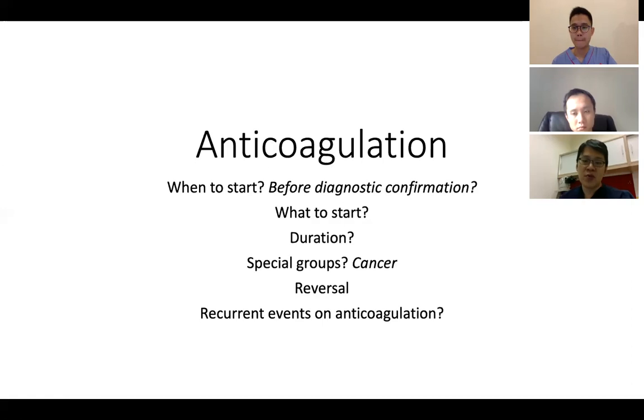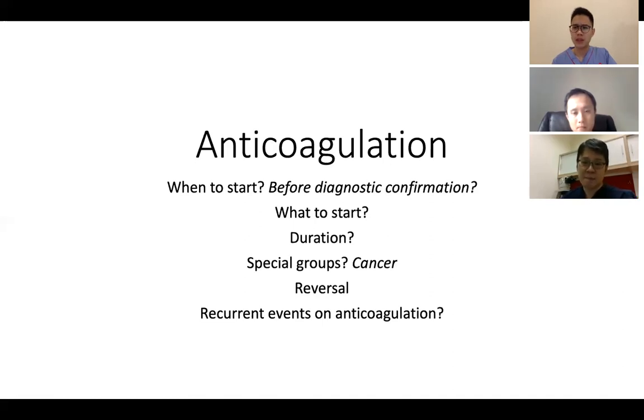For dabigatran, there is a specific reversal agent called Praxbind. It costs $3,000, but it's a very fast and efficient reversal agent. It reverses within a minute, and it's full reversal. For apixaban and rivaroxaban, the reversal agent is 4-factor PCC, or what we call Octaplex, and that is also available. It's not specific, but it does the job.